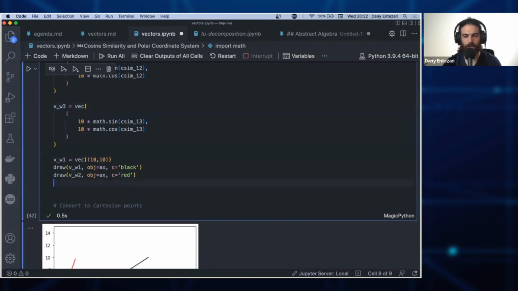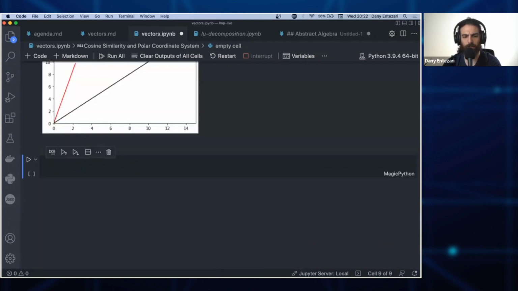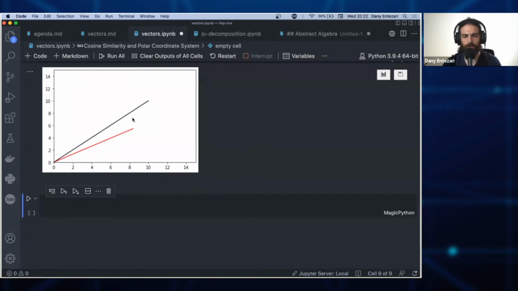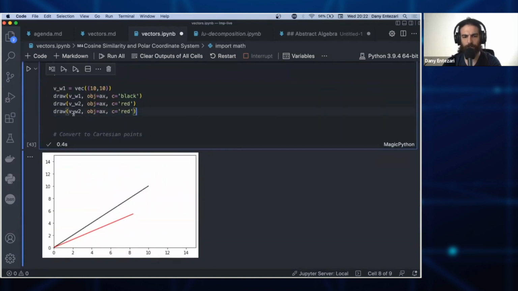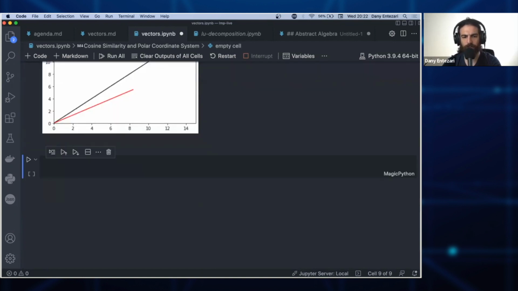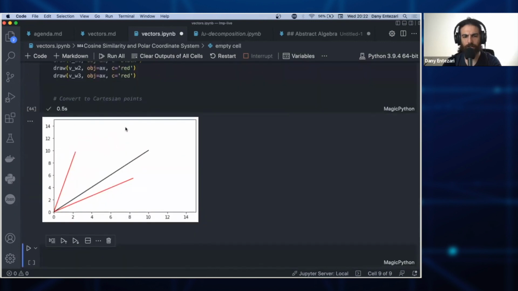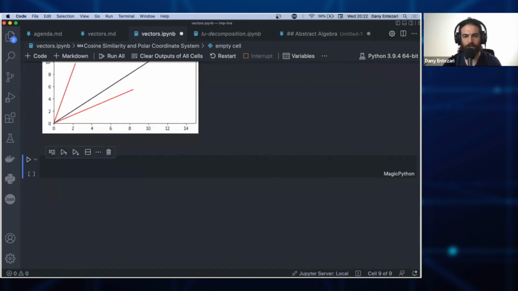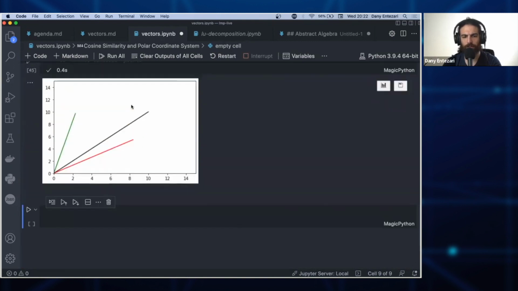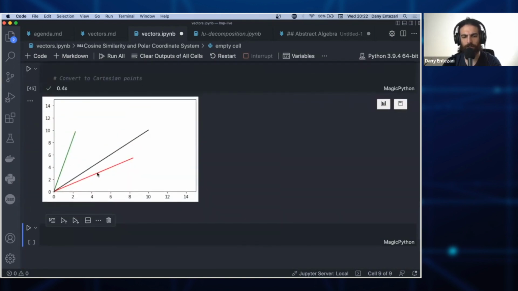No, one more time, because I forgot to reassign this value. So again, this is the first vector. This was a dog, right? Supposedly dog. This was cat. And now let's do the building. And let's make the color green. Yeah. So you can see dog and cat are closer to each other. They have a smaller angle.